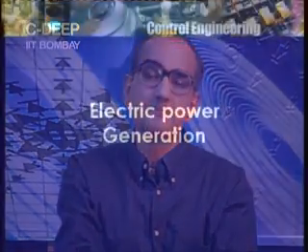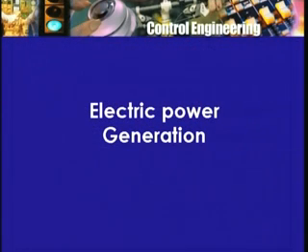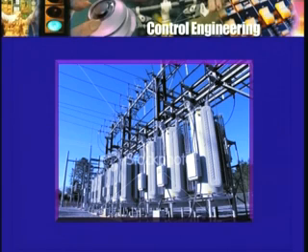So here again there is a control problem of moving the solar panel to follow the sun. Of course, if the sun gets obscured by clouds, then what to do? So that's an additional complication in the situation. So electric power generation really involves a lot of control situations and control problems.